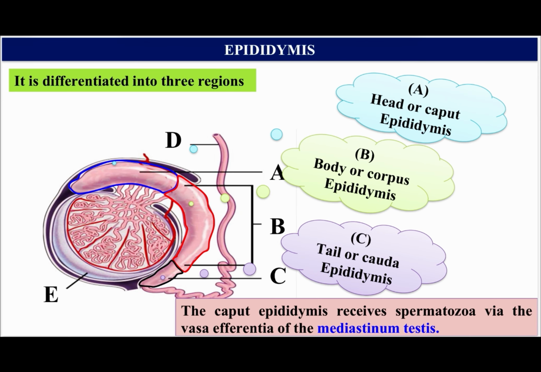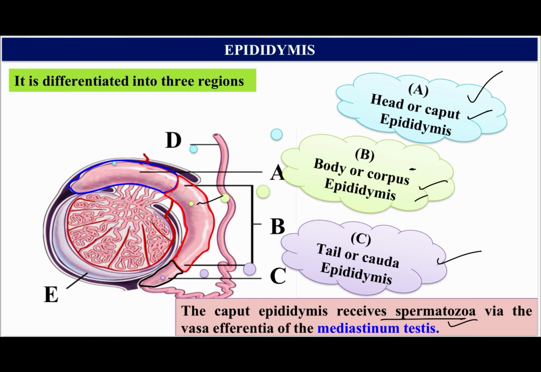Now the epididymis is differentiated into three regions. One is the head or caput epididymis, second is the body or corpus epididymis, and third is the tail or cauda epididymis. The caput epididymis receives spermatozoa via the Vasa Efferentia.